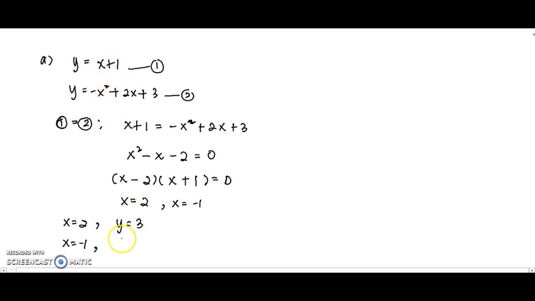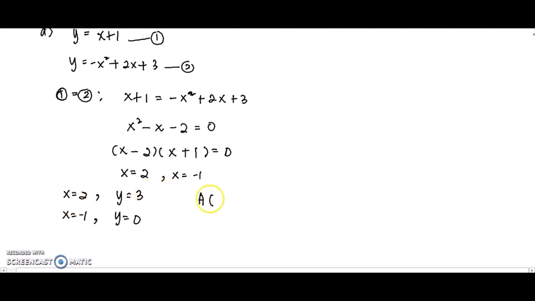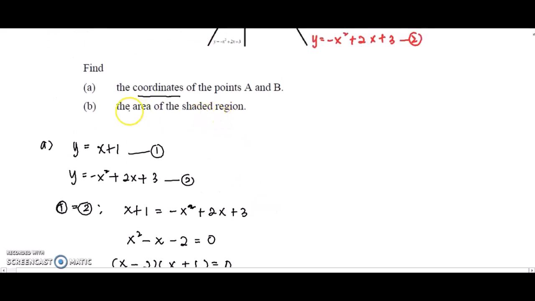You have negative 1 plus 1, so y equals 0. So the coordinates of the intersection point A will be (2, 3) and B will be (-1, 0). You have answered question A, and now we proceed to question B.